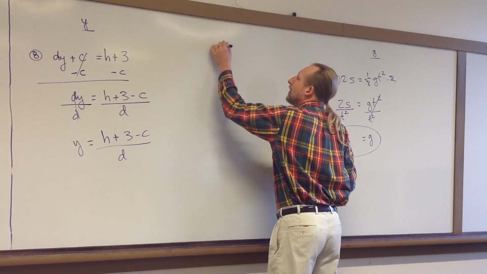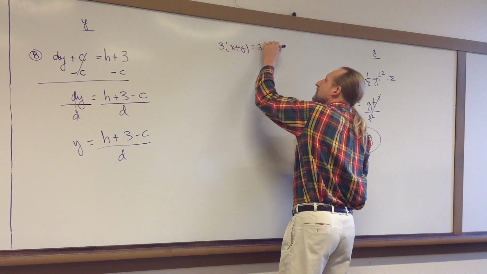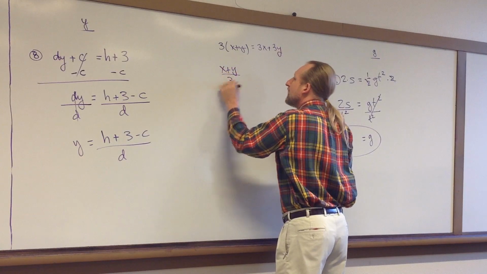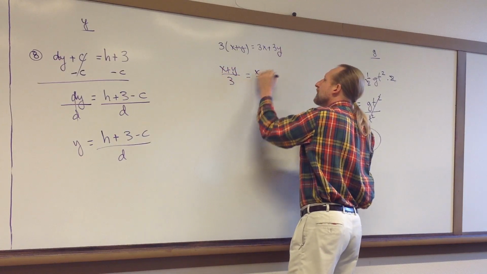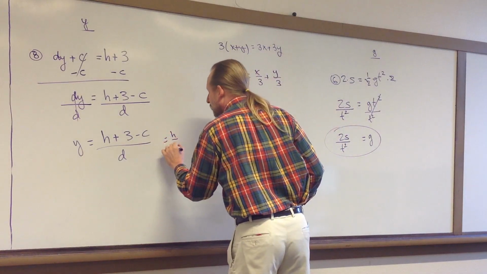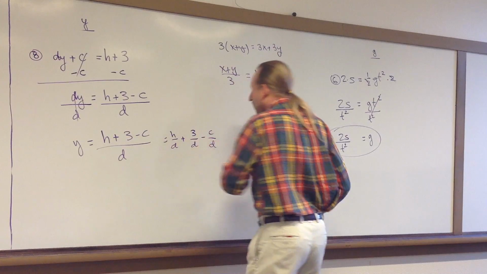If you had 3 times x plus y, that's 3x plus 3y. If you had x plus y over 3, that's x over 3 plus y over 3. So if you really wanted to, you could split these all up, and sometimes that is helpful to do.